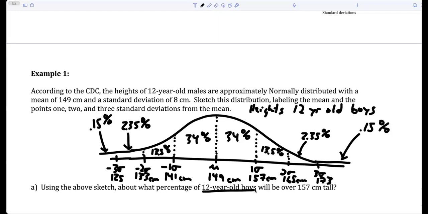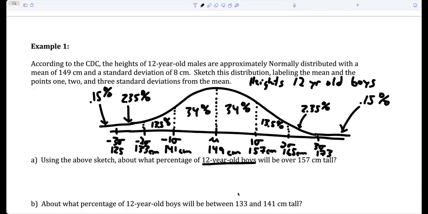So 157 falls at 1 standard deviation above the mean. So below the mean would be 50%. And then I'm going to add 34% because it's 1 standard deviation above the mean. So that gives me 84%. So 100 minus 84. About 16% of the 12-year-old boys will be taller than 157 centimeters.